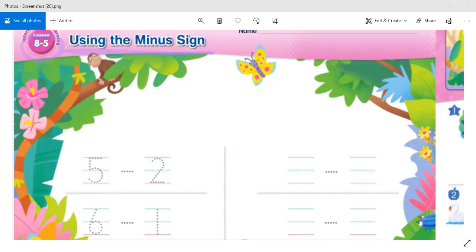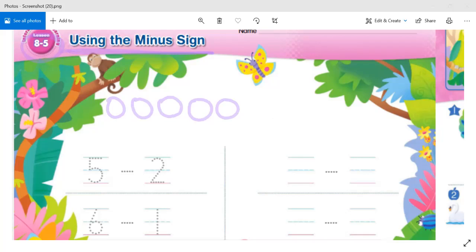All right, let's say there are 5 parrots in a tree and 2 parrots fly away. How can we use the minus sign to show what happened? If we have 5 parrots, let's write them down as counters. 1, 2, 3, 4, 5. 5 parrots.